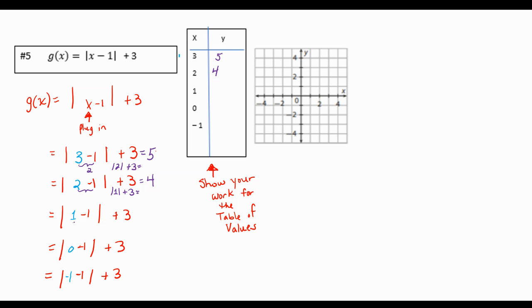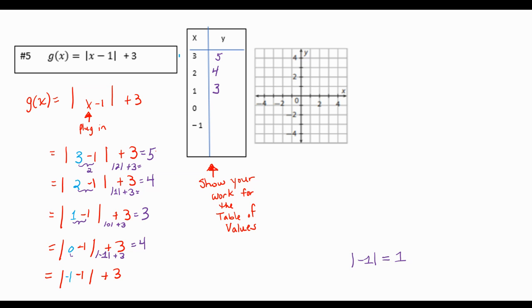The next one, 1 minus 1 right here, that would be the absolute value of 0 plus 3. Well, the absolute value of 0 is 0, plus 3 would be 3. The next one, 0 minus 1 is the absolute value of negative 1. What's the absolute value of negative 1? It's positive 1, plus 3 would be equal to 4. So the absolute value of a negative 1, if you can see off on the side here, is equal to positive 1.